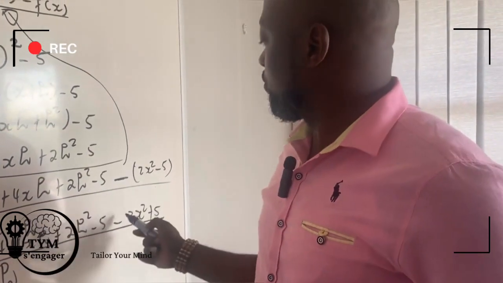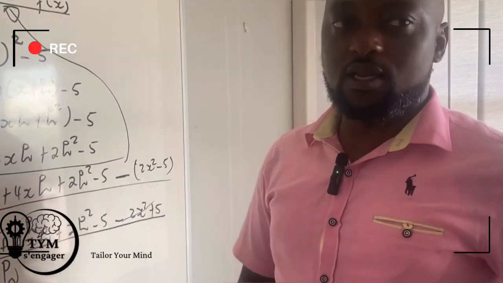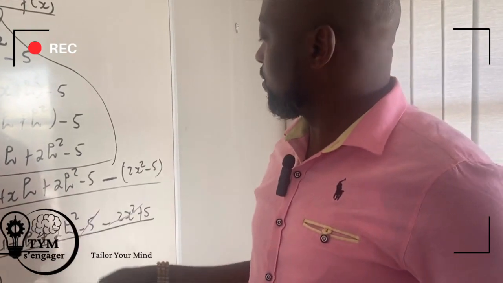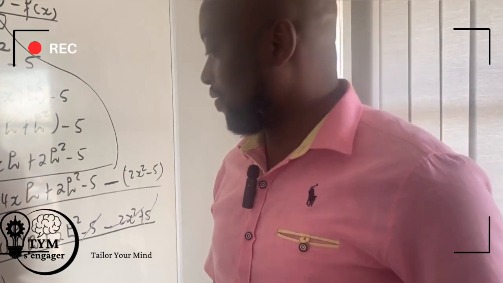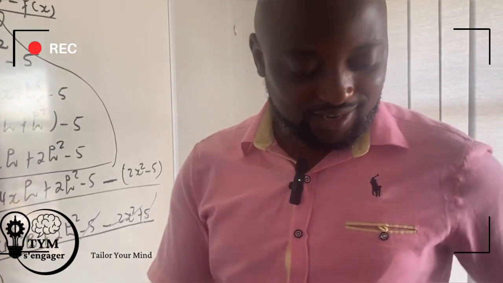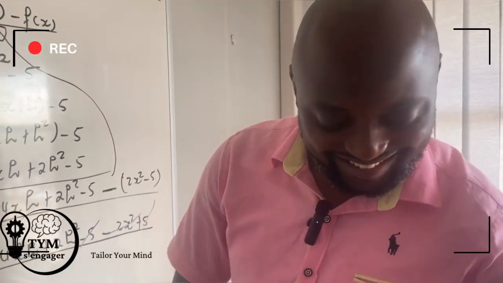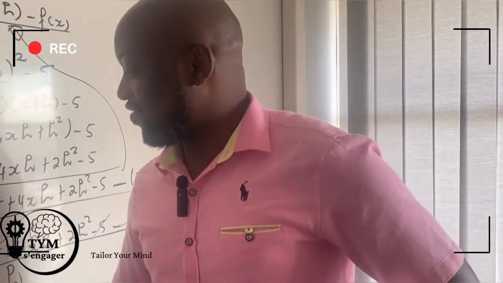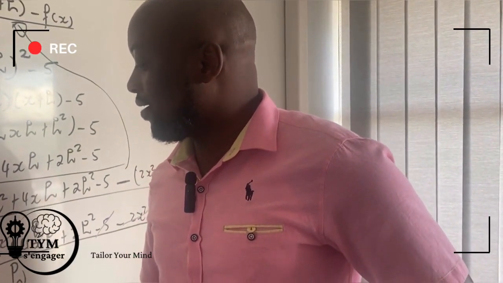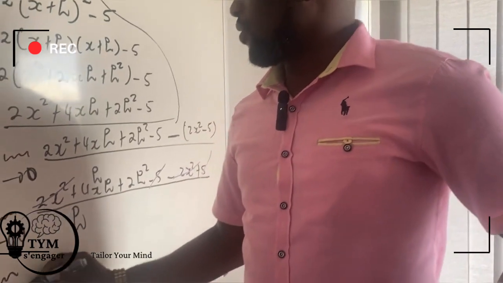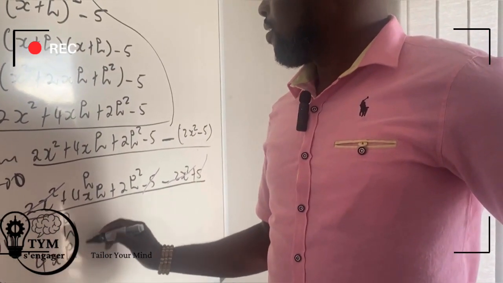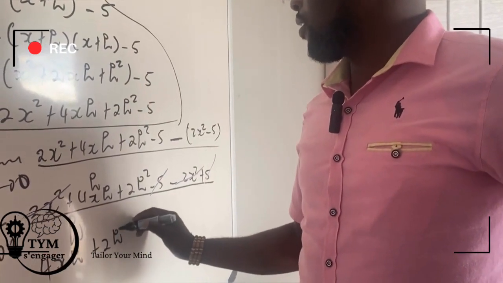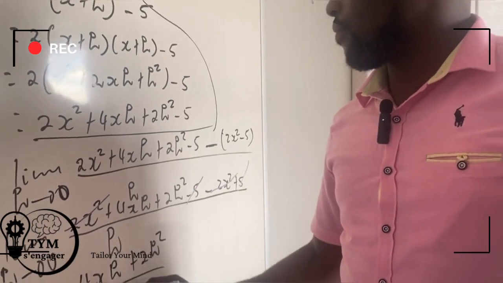So positive 2x squared goes out with negative 2x squared, and positive 5 will cancel out with negative 5 all the time. That's your secret. So from here, we will be left with limit h going towards 0 of 4xh plus 2h squared, the whole stuff divided by h.